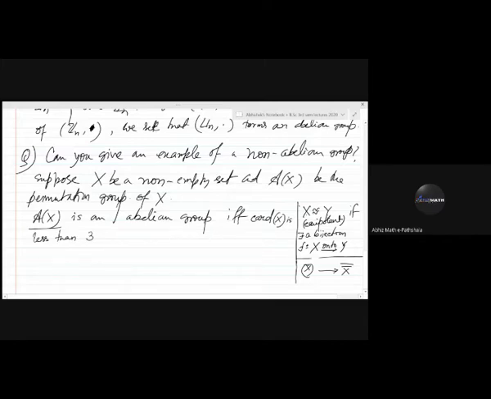If X is a singleton set, or if X has exactly two elements, then you will find that the permutation group of these sets will form an abelian group. But if you consider a set of 3 elements, then the permutation group will never be an abelian group.